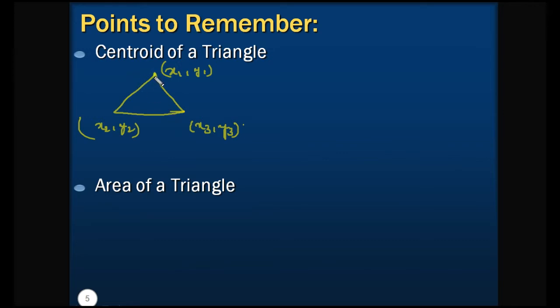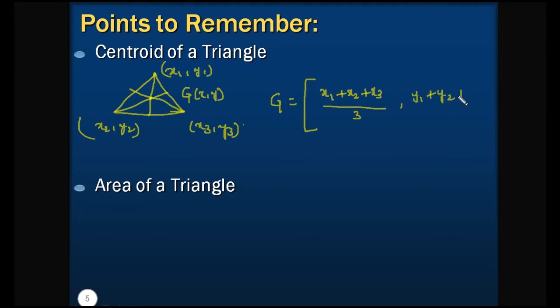From this vertex I am drawing a line to the midpoint of the opposite side, similarly from this vertex and from this vertex. The intersection of these lines is the centroid, which is represented with the letter G (x, y). Its value is x1 plus x2 plus x3 divided by 3, comma y1 plus y2 plus y3 divided by 3. So the centroid is the average of all three given vertices.